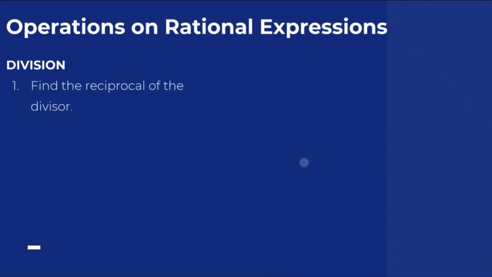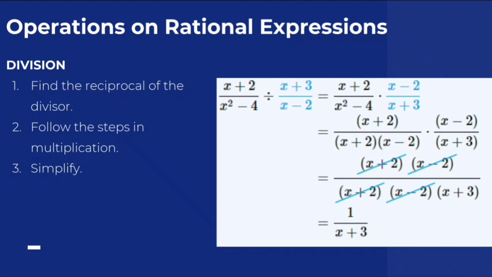For division naman, it's almost the same with multiplication. The only difference is that on the first step, you have to find the reciprocal of the divisor first. So once you are able to find the reciprocal of the divisor, meaning the second rational expression, the expression after your division symbol.